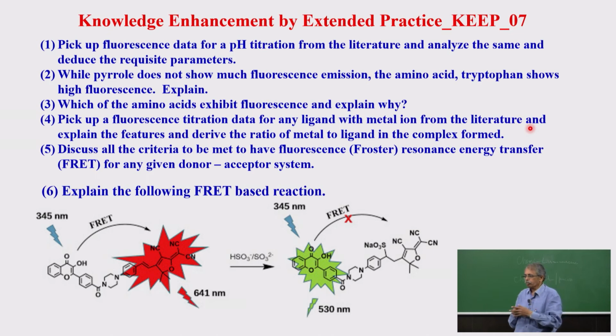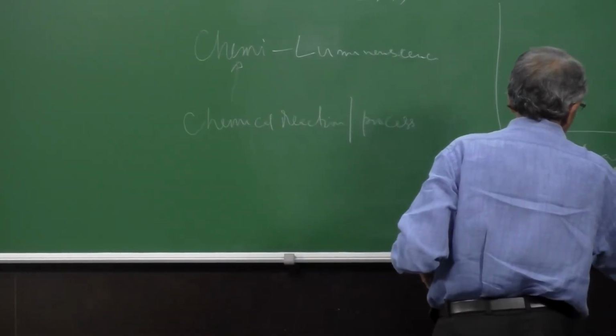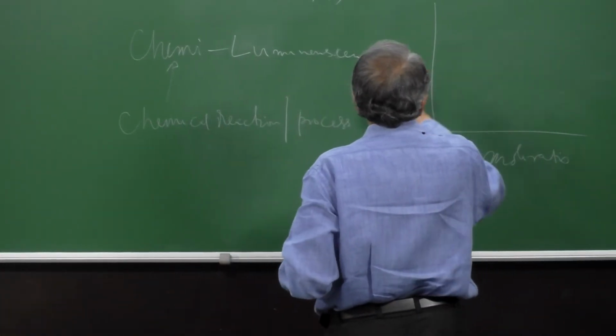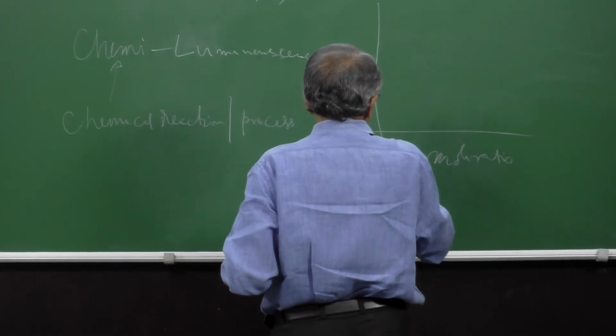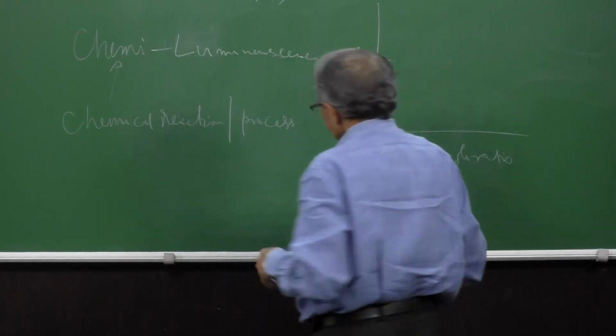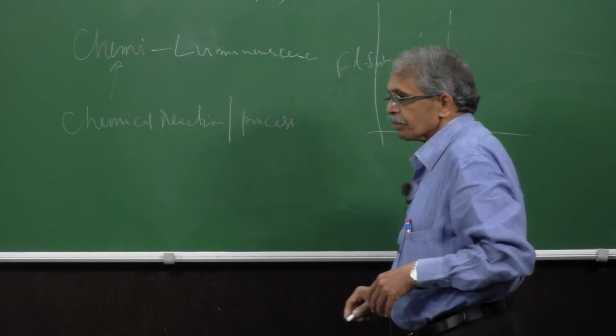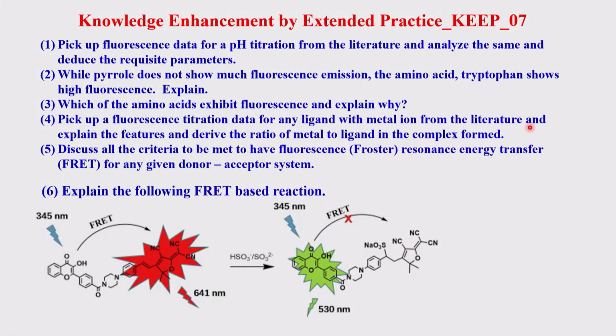You can put the mole ratio on the x-axis, the mole ratio of the metal to the ligand or ligand to the metal, whatever you are doing, and the fluorescence intensity. So this is the kind of thing you can make. I have already explained, and the examples are there.